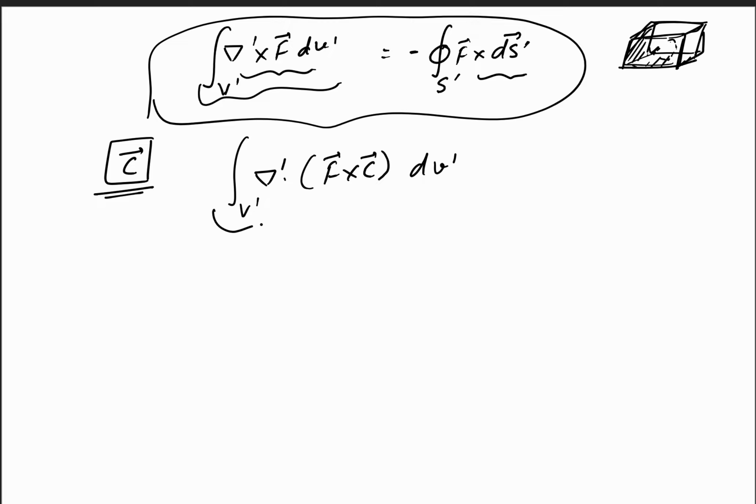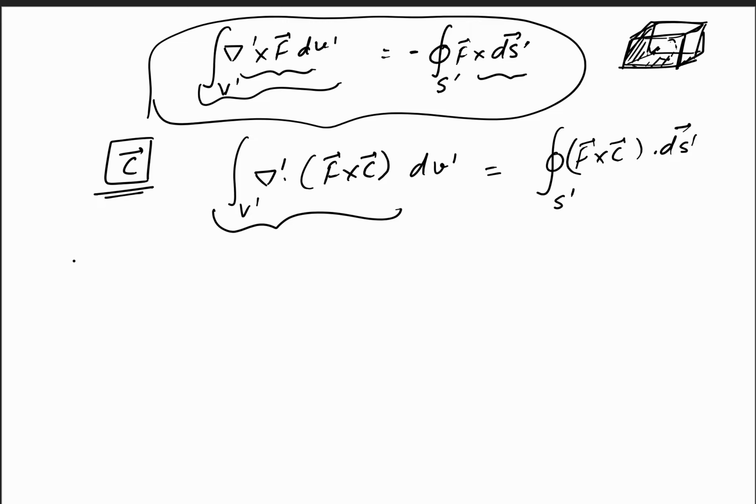Now I can use the theorem directly here and convert this into a surface integral. This is just the divergence theorem, nothing else. So it is simply F cross C dot ds dash over the whole surface S dash, which is enclosing this volume.